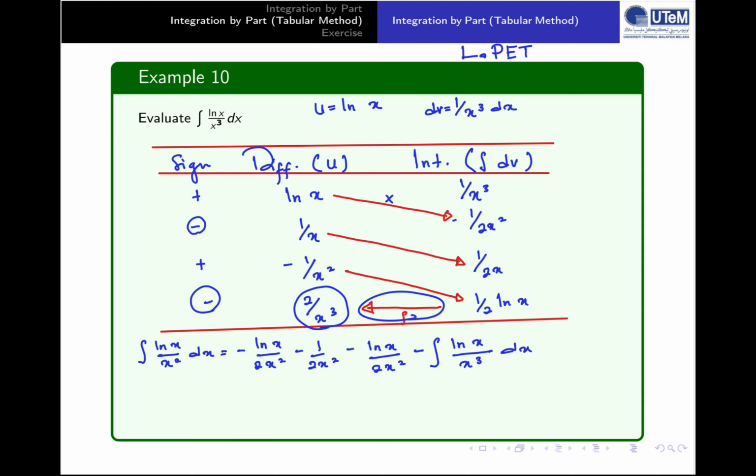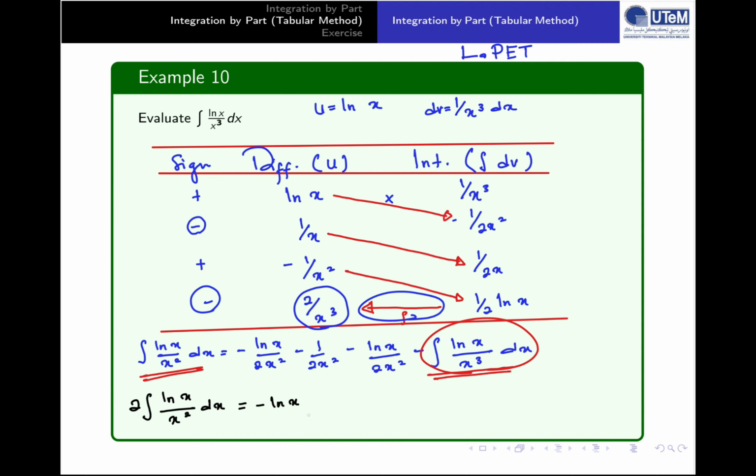Okay, if we can see, this one is equal with the left hand side, so we move this part to the left hand side.